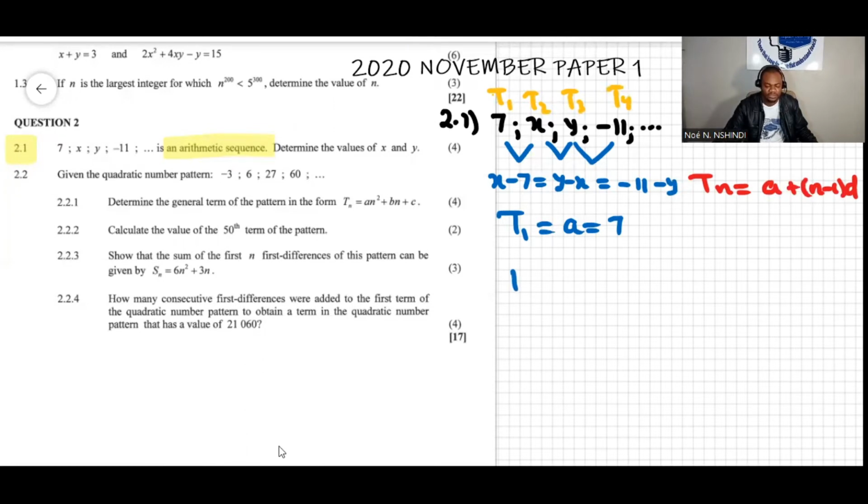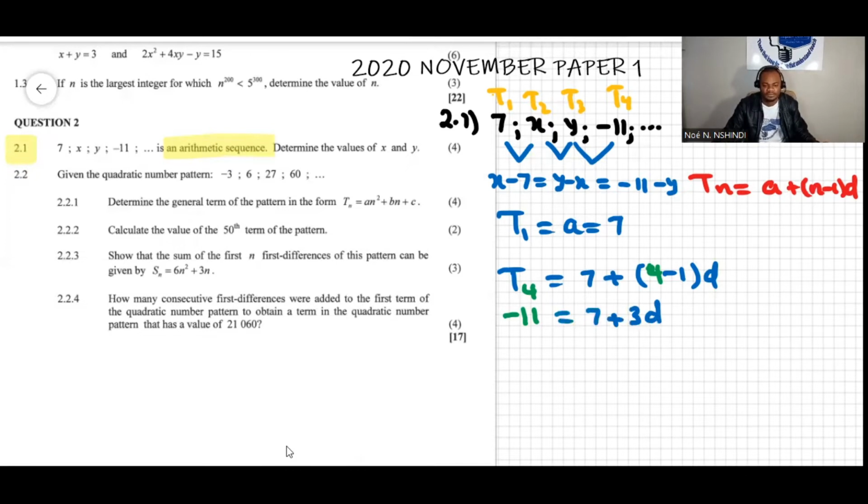If I need to work out T4, following the formula, it will be 4 minus 1, and we know that T4 is negative 11. So negative 11 equals 7 plus 3d.